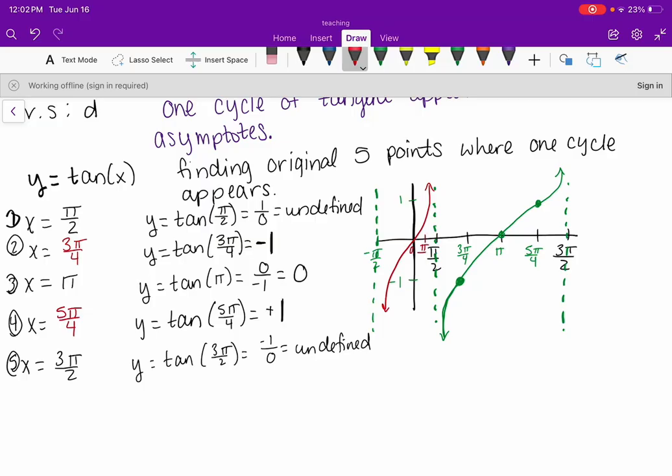This would be pi over 4, and this would be negative pi over 4. So you may see this as your work in the homework. That's kind of one way to work through it.